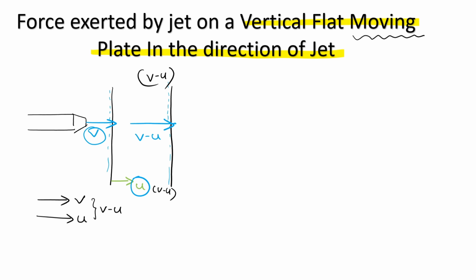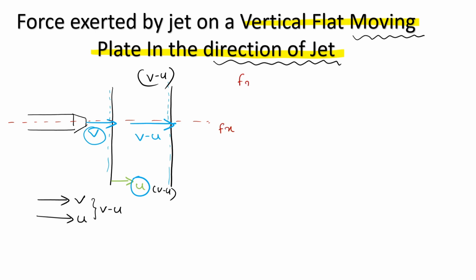After striking, the water will be deflected at 90 degrees and completely deflected. So we have to find the force exerted by the jet in the direction of jet. The jet is in the x direction, so we have to find the force exerted in x direction. That means Fx we have to find.